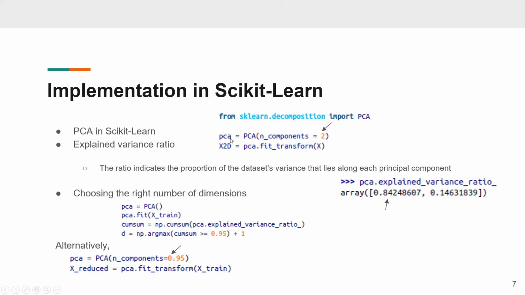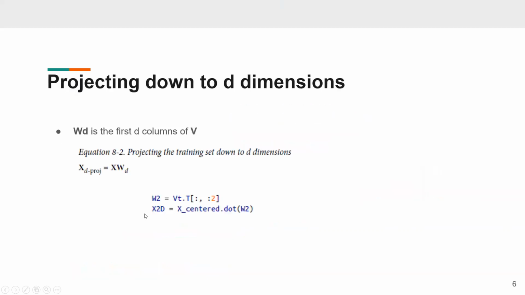Then you can use fit_transform on your X to come back with your X2D. So you could use SVD that we just discussed and the projection with the dot function, or even easier, just use PCA to come back with X2D. It's the same as what we just got with this approach.